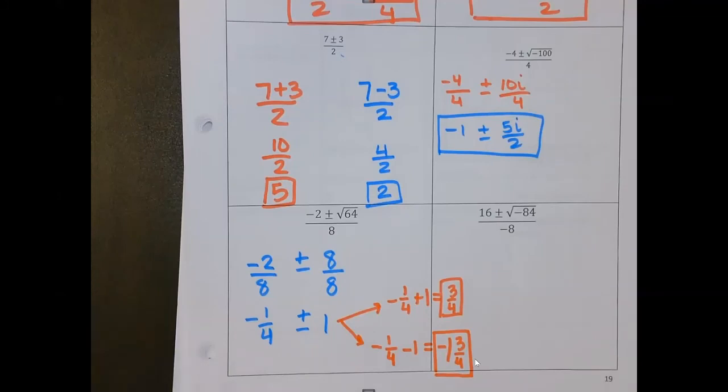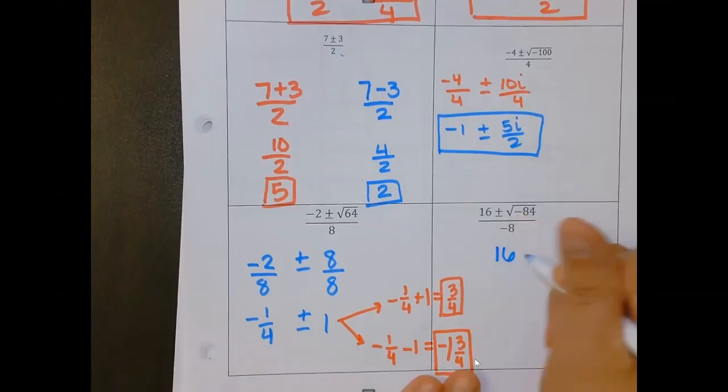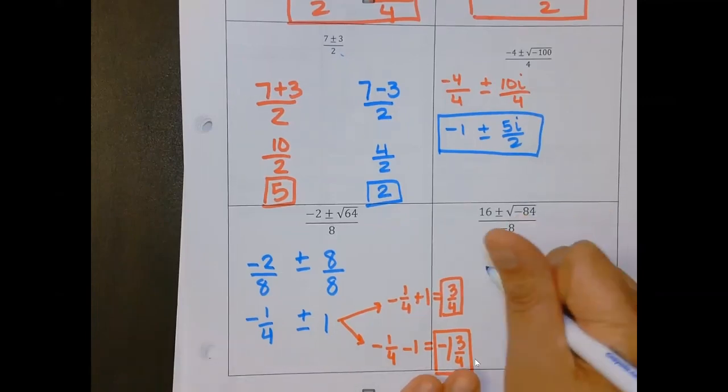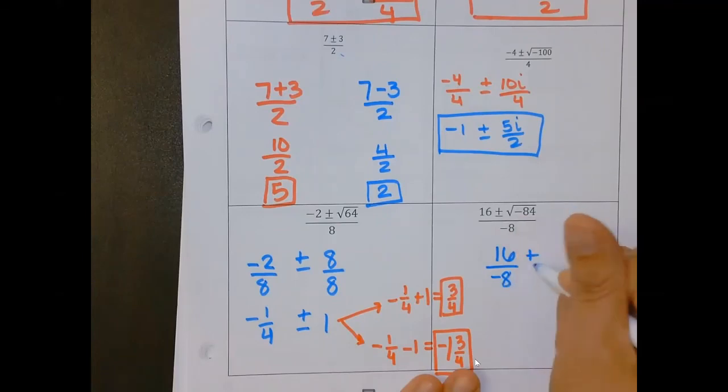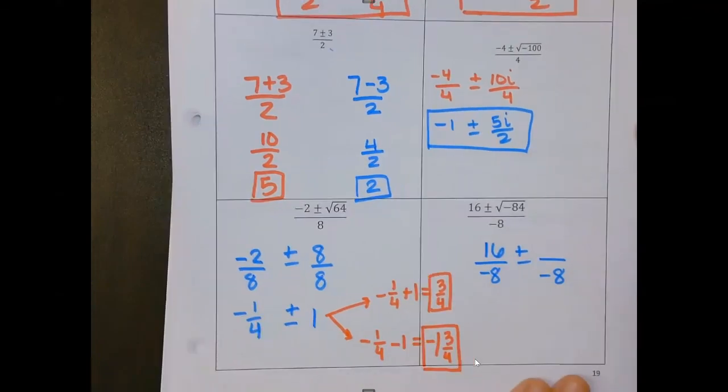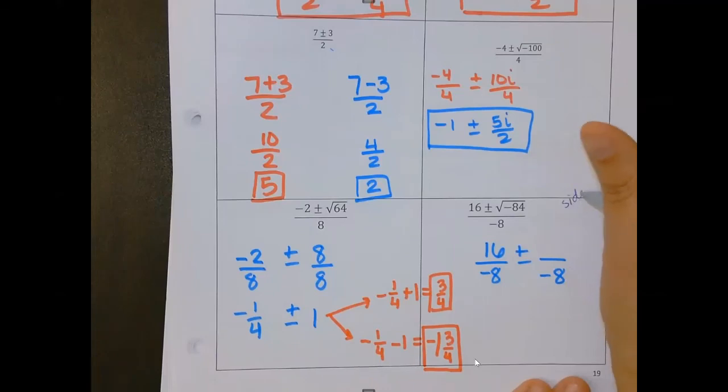So here, what we're going to do is, let me see what goes into it. 4 squared, so it should be 16. All right, so 16 divided by -8 plus or minus. I'm going to do some side work real fast, and I'm going to figure out the square root of -84.